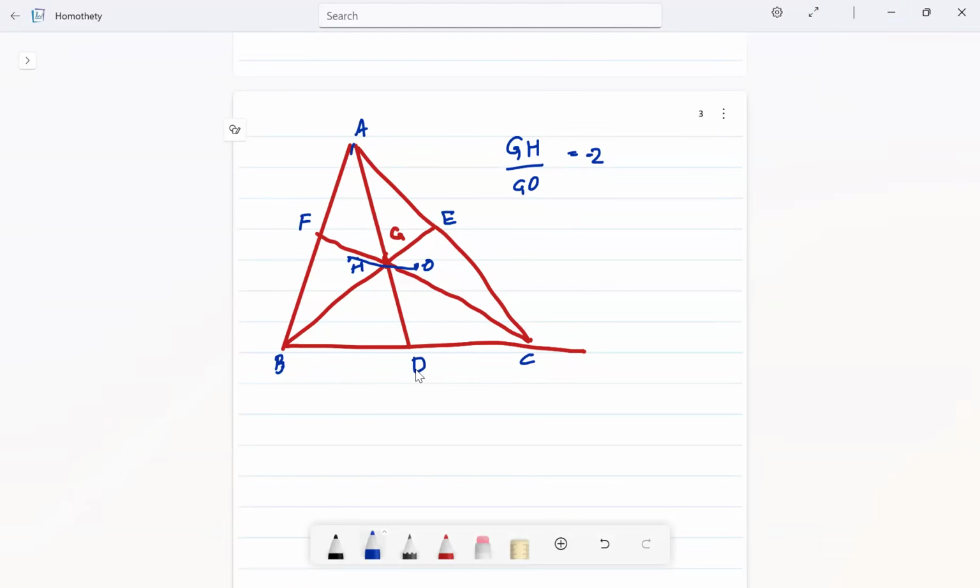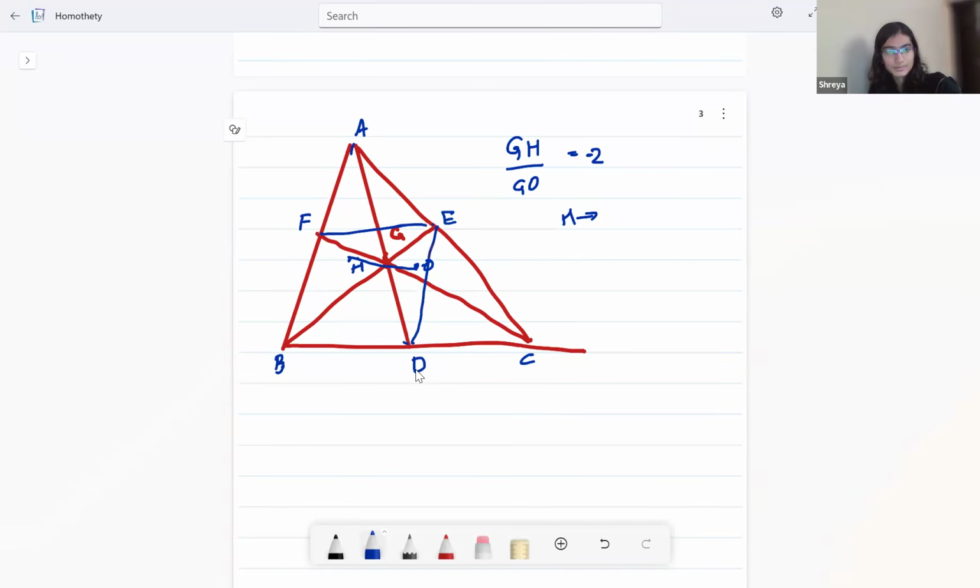What we want to show is that H goes to O. That's basically because O is the orthocenter of DEF, since EF is parallel to BC and DO is perpendicular to BC. Yes, that is exactly the proof. So O is the orthocenter of DEF, and H goes to it.